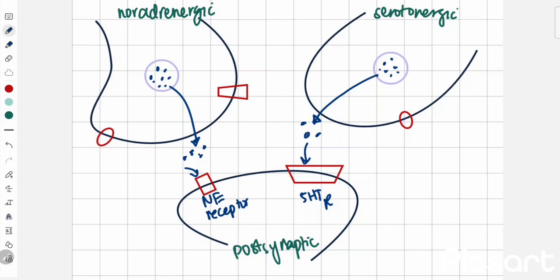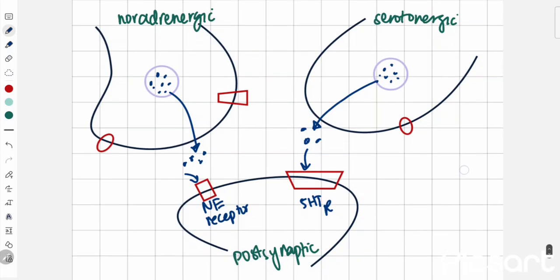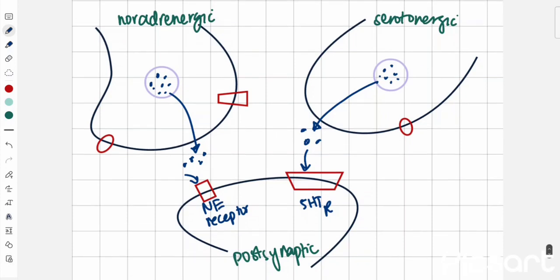So what are we going to do with that? We are going to help make it happen. Okay, so right here I have made an alpha 2 autoreceptor, and this is the NE reuptake receptor, and this is a serotonin or 5-HT reuptake receptor.